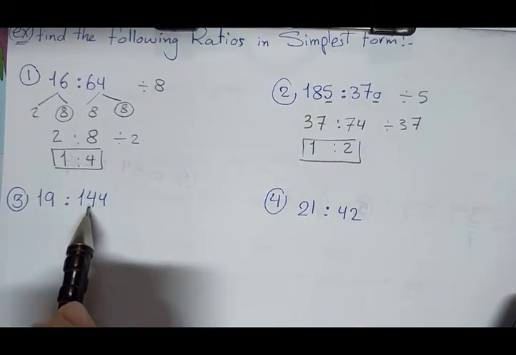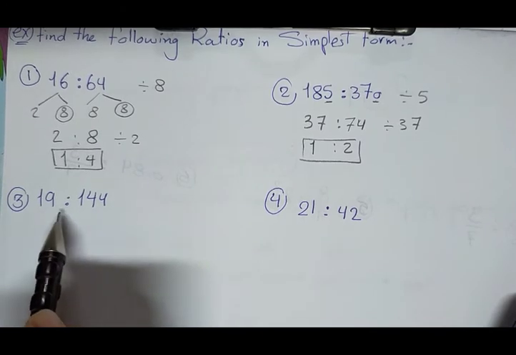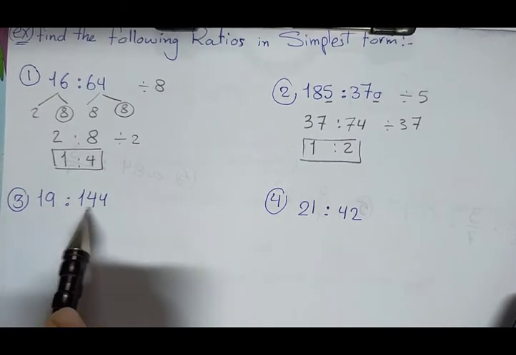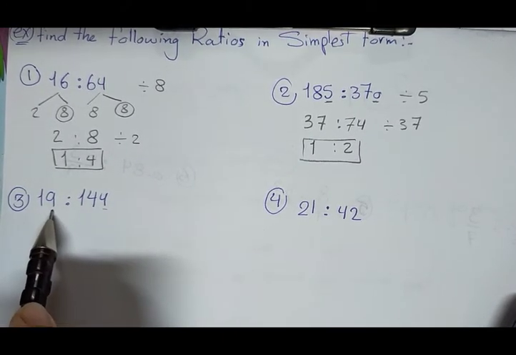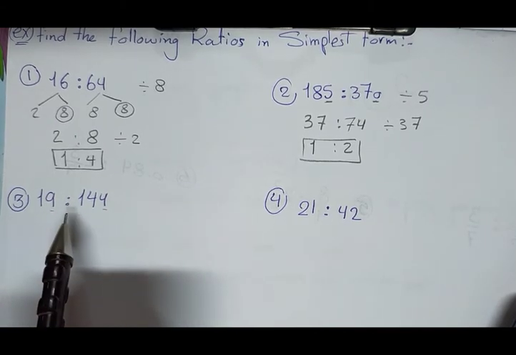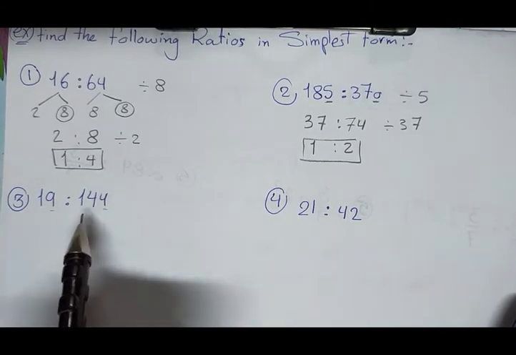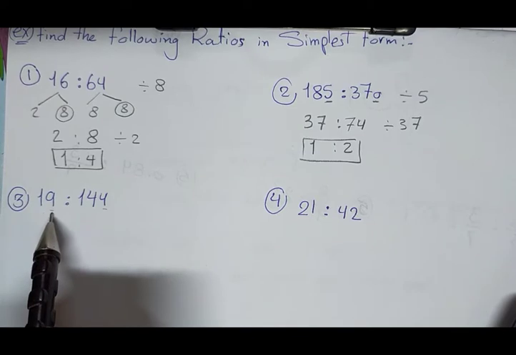Number 3: 19 to 144. This unit digit is even but this one is odd, so I can't simplify by dividing by 2. Try dividing by 5: the unit digit must be 0 or 5.